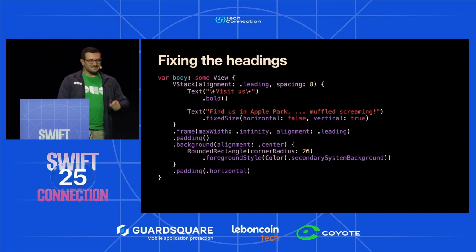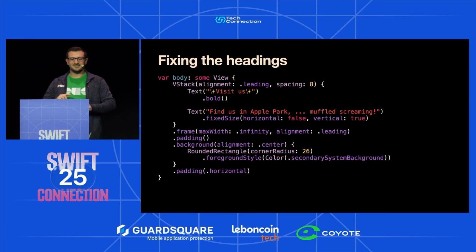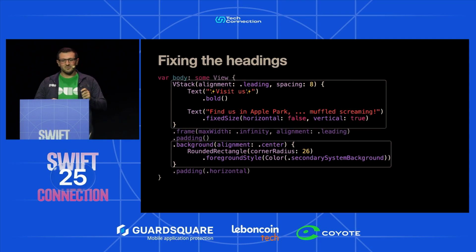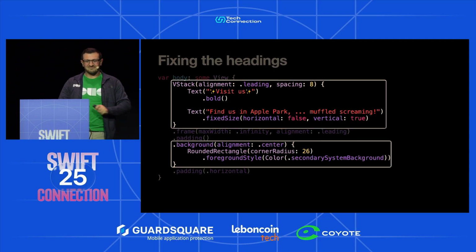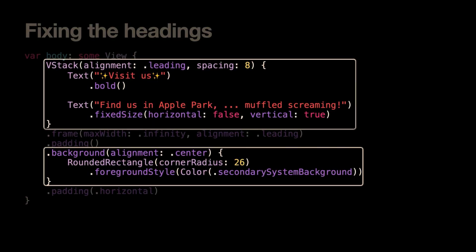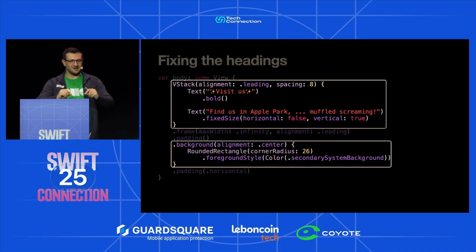So this block of code is for one of those cards in our interface. We just need to focus on this bit. So you can see how we're basically setting up a pretty simple VStack, a vertical stack with two text elements in it for that heading of visit us and find us in Apple Park.